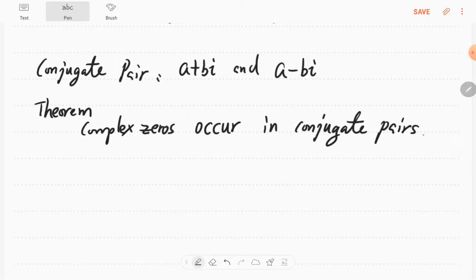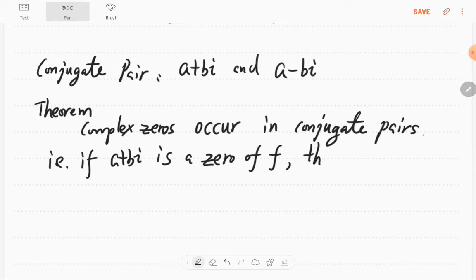What does this mean? This means, i.e., if a plus bi is a zero of f, then a minus bi is also a zero of f.